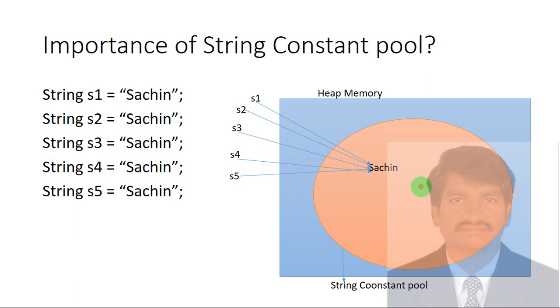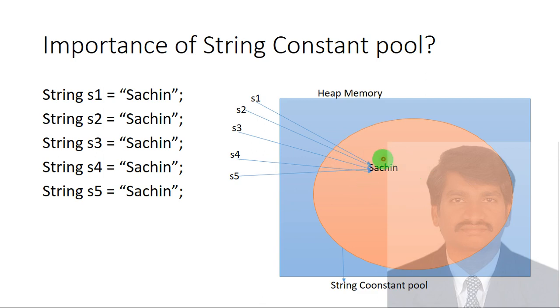Your JVM will never create different objects for different requests. It will only create one object for all the requests. So the one word answer is, the importance of string constant pool is to have good memory management.